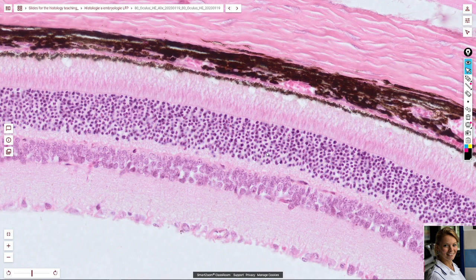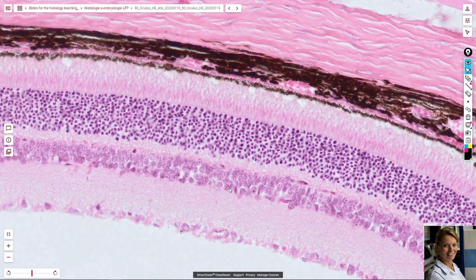External plexiform layer, which contains synapses of axonal processes of photoreceptor cells and dendrites of bipolar cells, is here. Inner nuclear layer, nuclei of bipolar cells, is here.